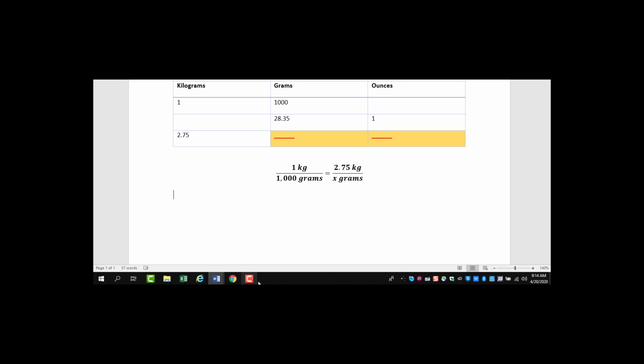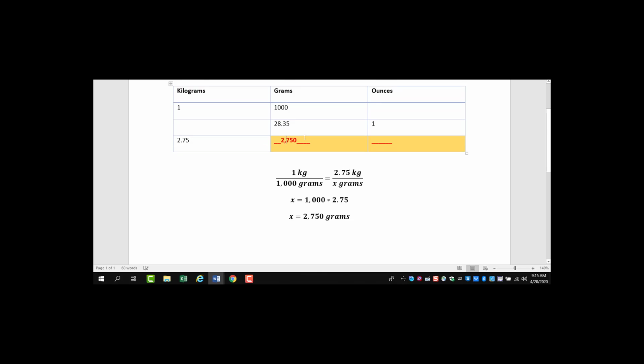But I'll put the answer in. And there's the cross multiplication, and there's the answer: 2,750. So what we've shown is that 2.75 kilograms is 2,750 grams.